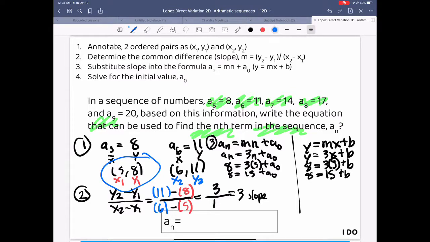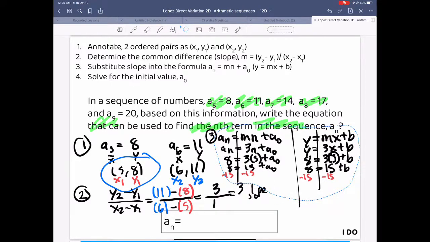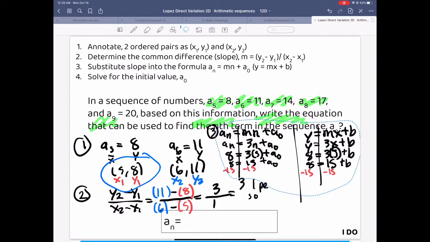I'm going to go ahead and do my inverse operations. Minus 15, minus 15. Eight minus 15 gives me -7 is equal to a sub 0.